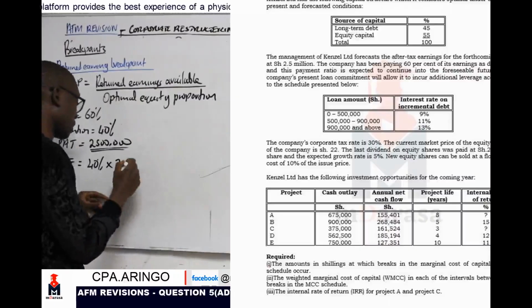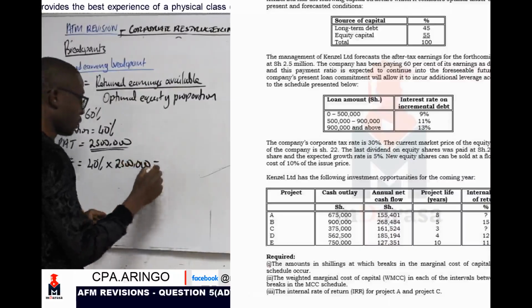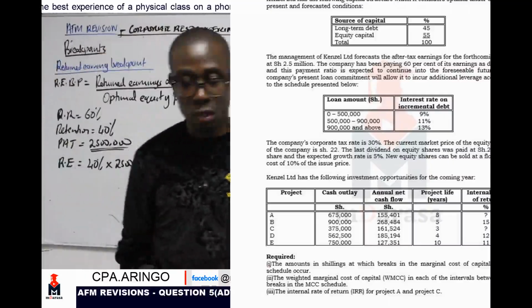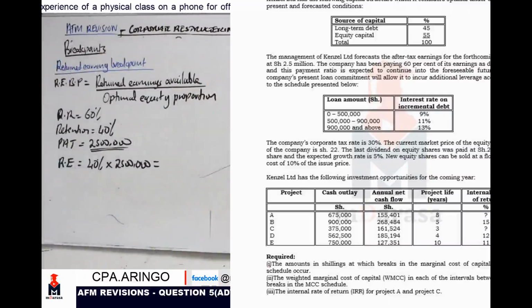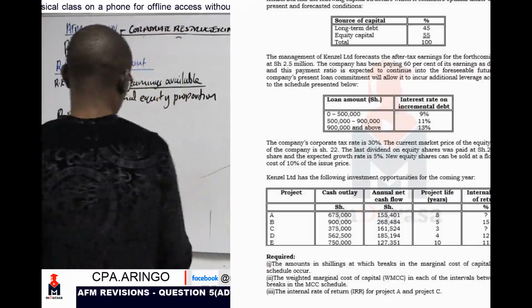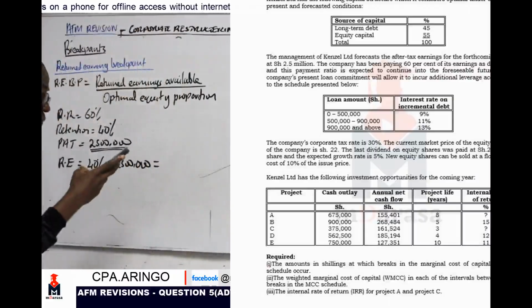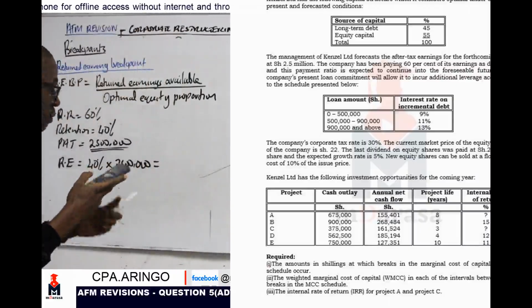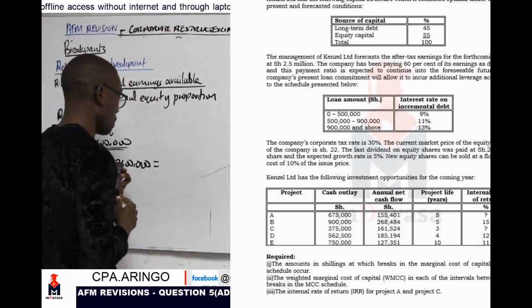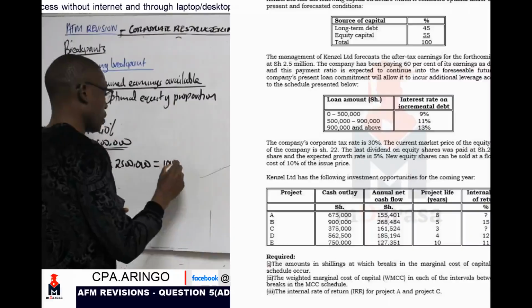It's always good to be consistent. Let me pick my calculator: 0.4 times 2.5 gives me a figure of 1 million.